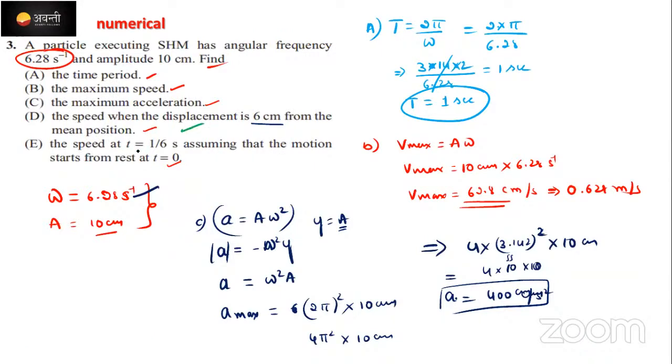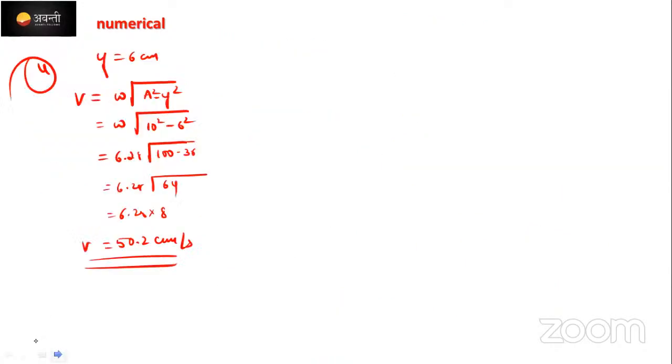Next one: the speed at t is equal to 1/6 second, assuming that the motion starts from rest at t is equal to 0. Guys, here time is given and speed has to be calculated. At that condition we can't use this formula.